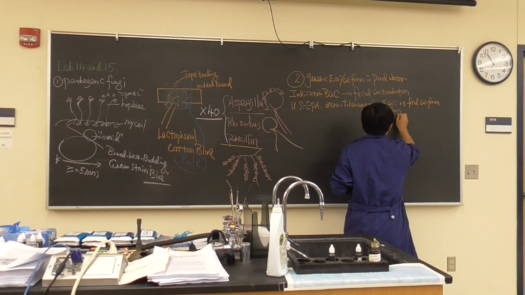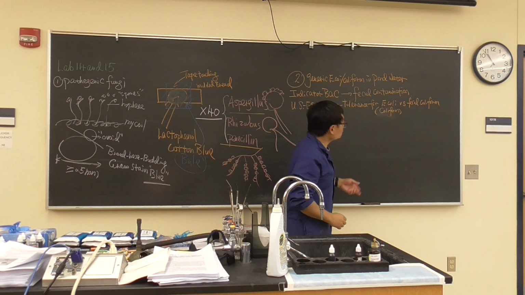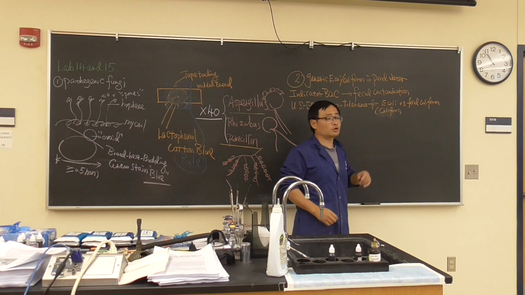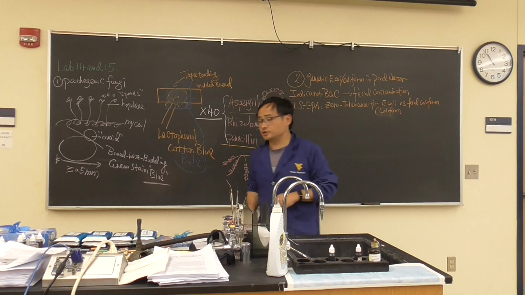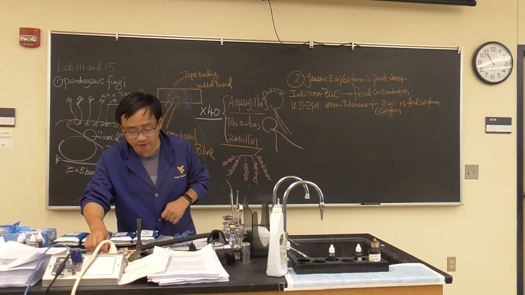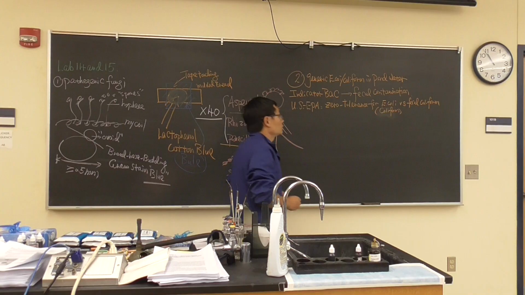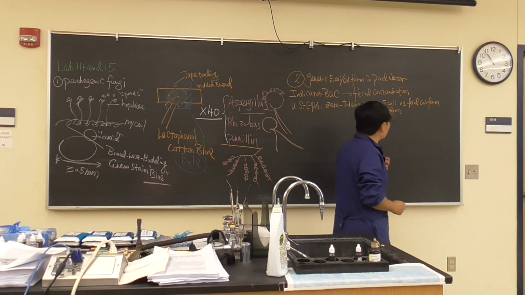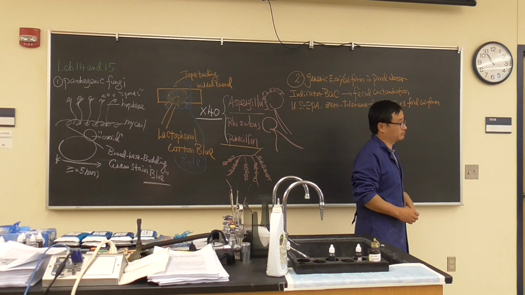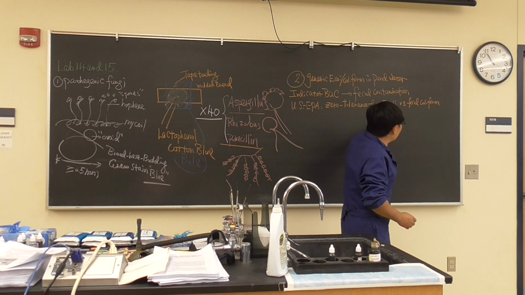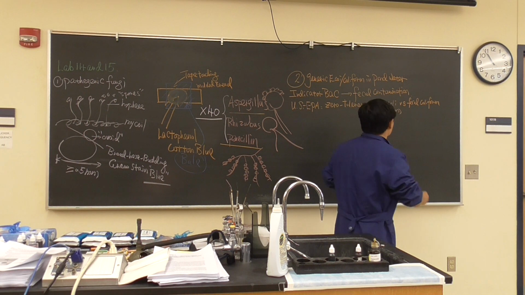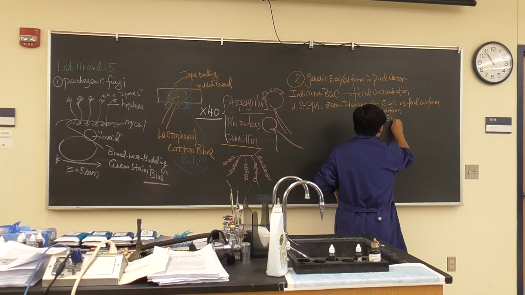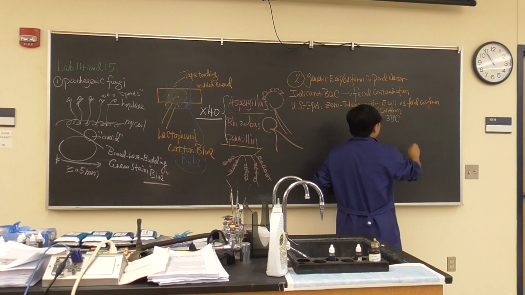So the story is that a long time ago, we thought using coliform was a good indicator for fecal contamination. But later on, people found it's not very good. We're going to do the fecal coliform. Now, the difference between coliform and fecal coliform is only the incubation temperature. This is 35 degrees Celsius.